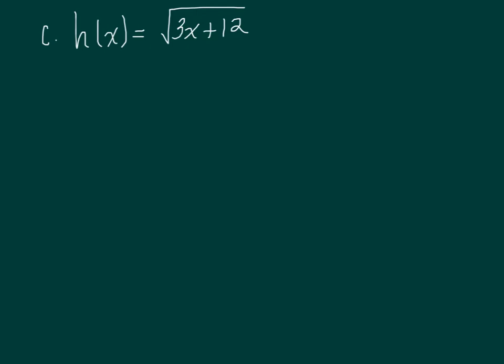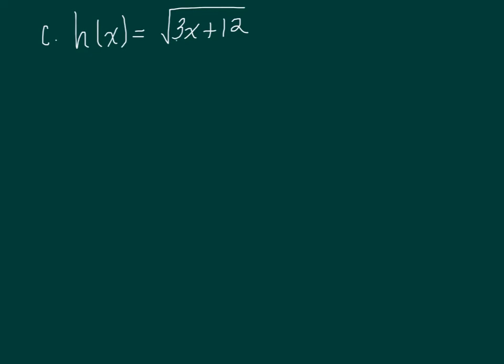Example C. If you notice now, we have a square root, or an even root, I should say. And even roots, you cannot take an even root of a negative number. So that means that we have to figure out what values of x we can plug in that have to be greater than or equal to 0, because that's what non-negative means.